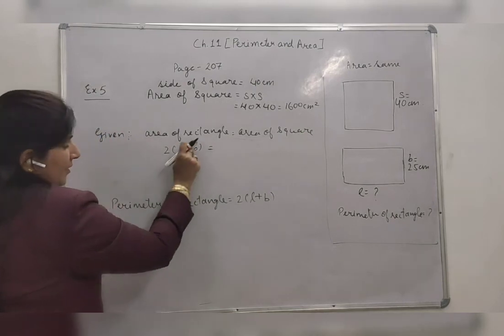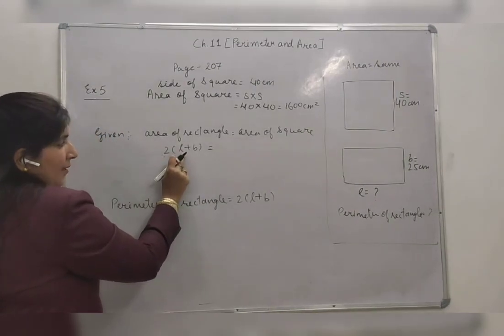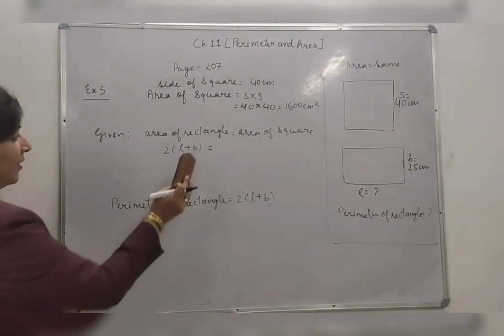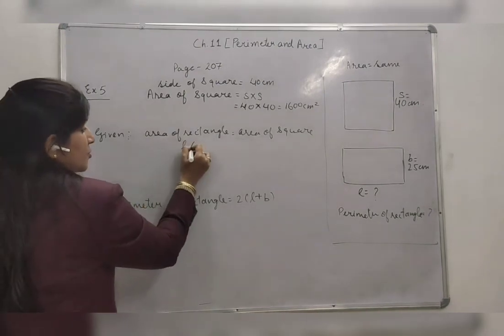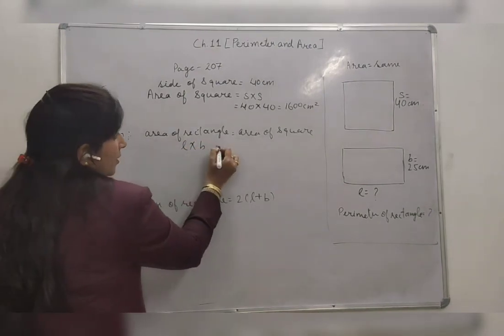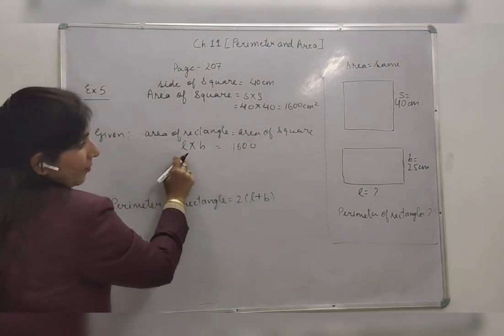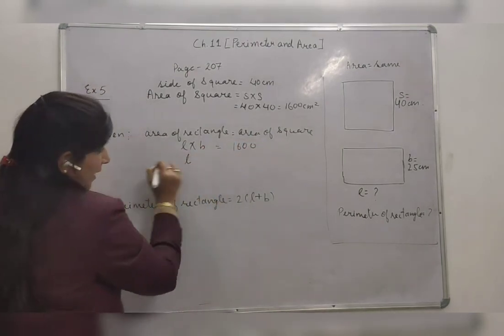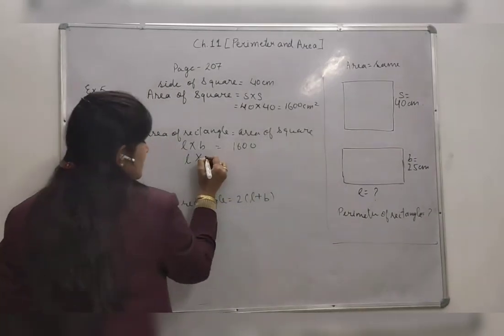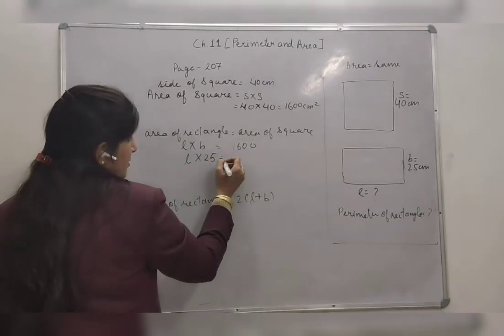So area of rectangle formula is length into breadth. Okay. Now area is 1600 and length is not given to us, so I am putting L, and breadth is given to us, that is 25 centimeters.